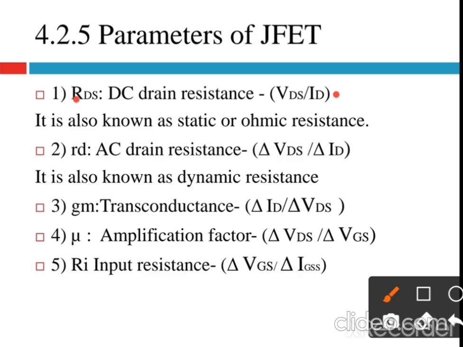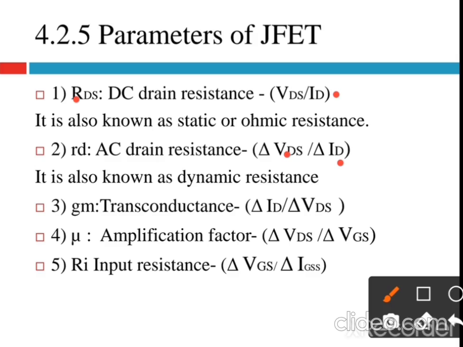It is given by the ratio of small change in drain to source voltage to the change in drain current ID for a constant gate to source voltage VGS. So the AC drain resistance is expressed by the equation delta VDS upon delta ID.